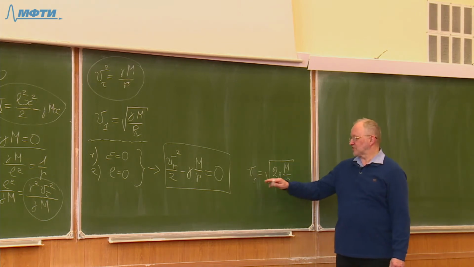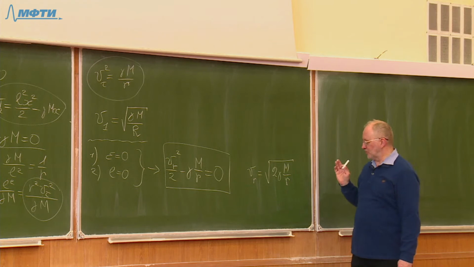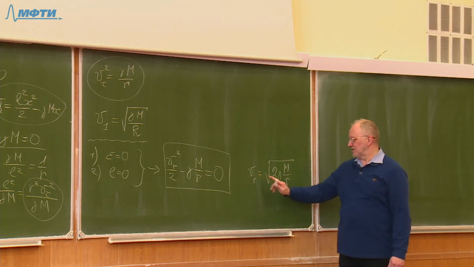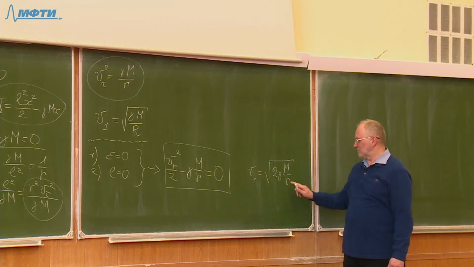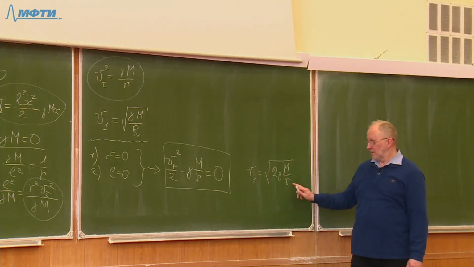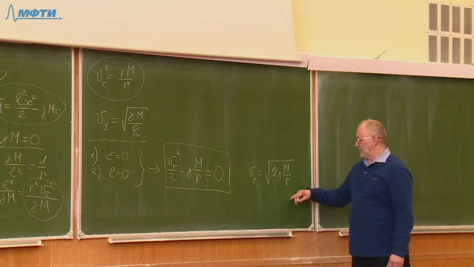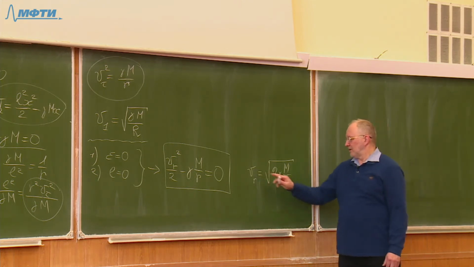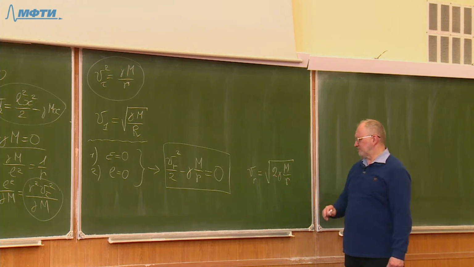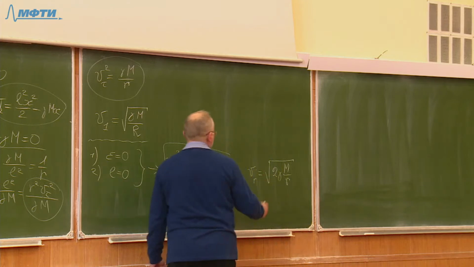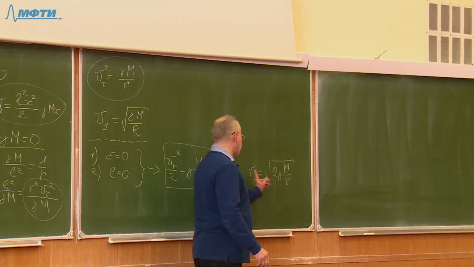So if such a spaceship is launched from the Earth and moves to infinity, then the velocity of such spaceship will depend on the distance from the Earth according to this formula. And if we take for the distance between the spaceship and the Earth the radius of the Earth, then we will obtain the maximum velocity. The smaller the radius, the larger the velocity.